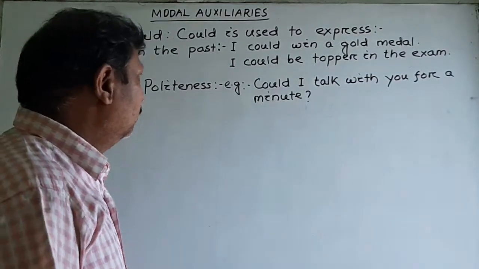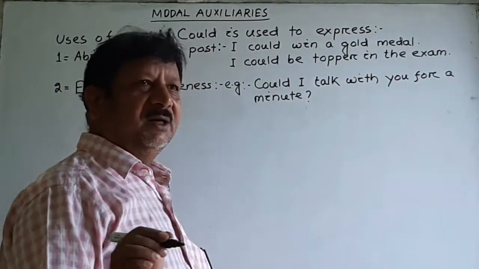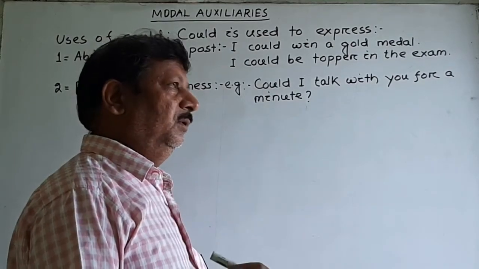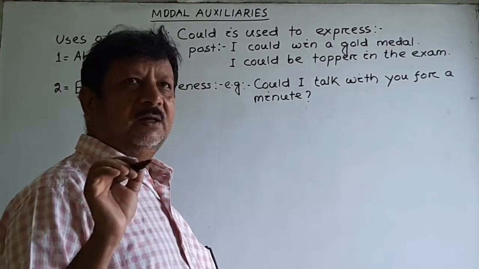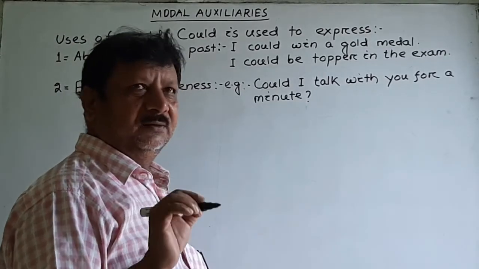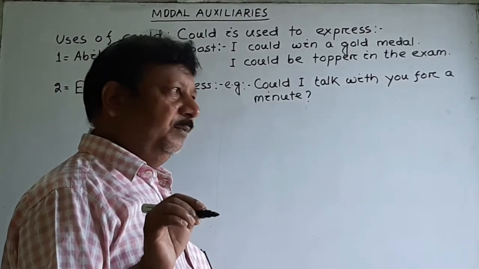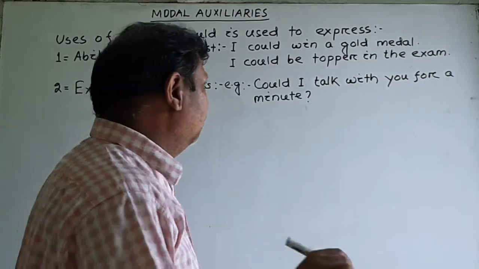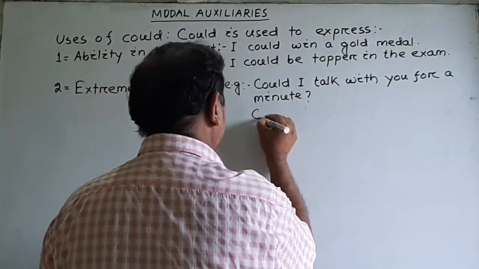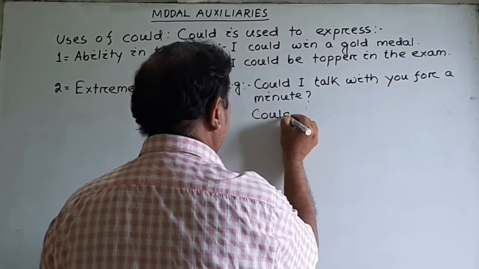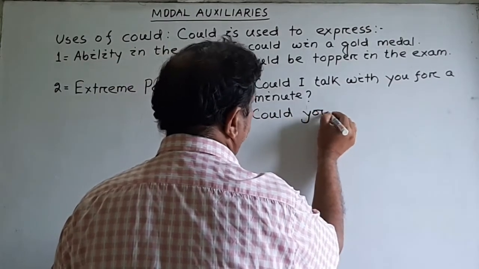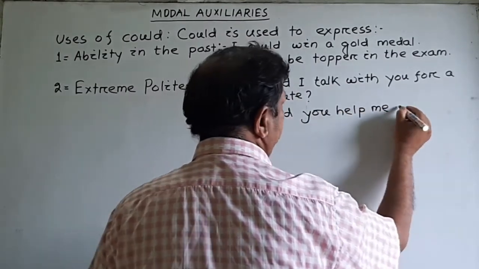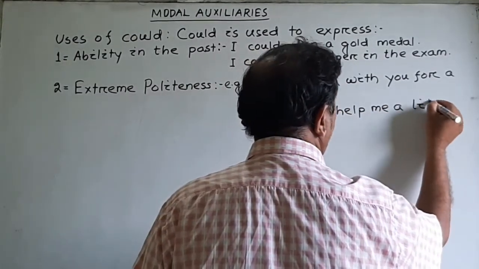Suppose an examinee, at the time of appearing in the exam, has a problem with the ink in his pen or with his writing. He may ask the examiner, could you help me a little, sir?